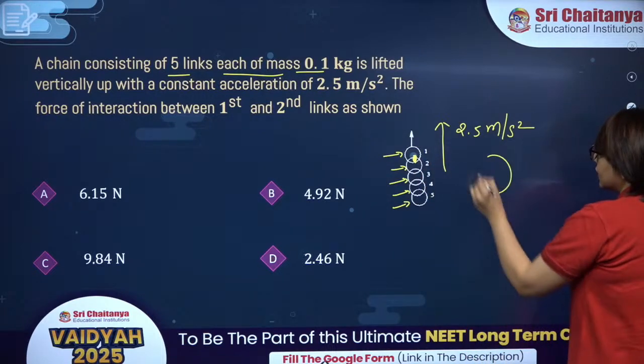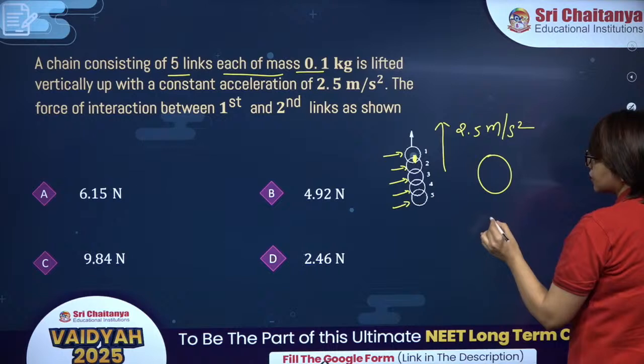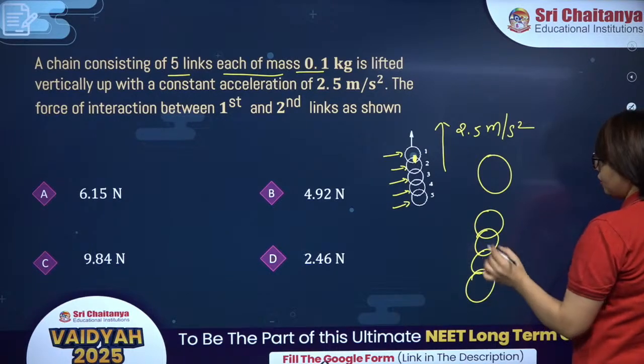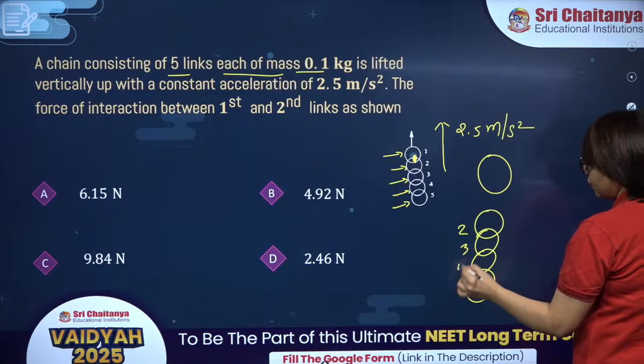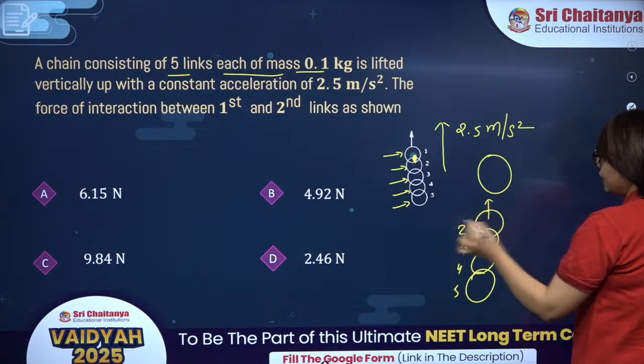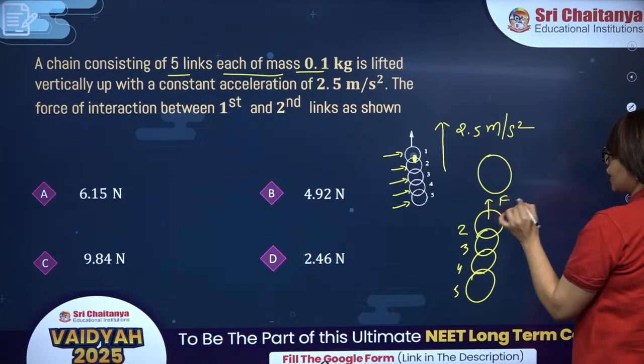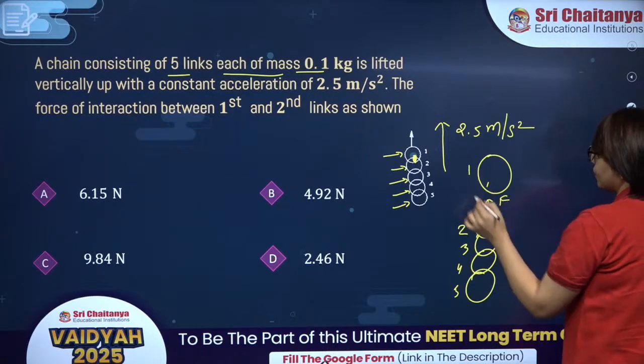So this is the first link, and below this first link we have 4 links: second, third, fourth and fifth. This entire portion is lifted up because of the force of interaction between 1 and 2, right?